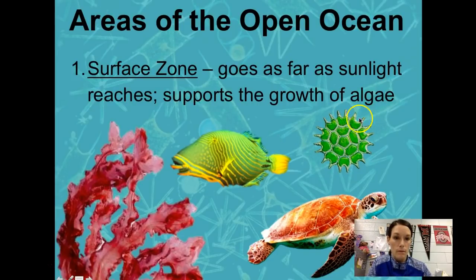This is a picture of volvox. Red algae is possible. And then we have nekton that are going to also consume those things. So you do have other organisms in this area consuming those smaller photosynthetic organisms.